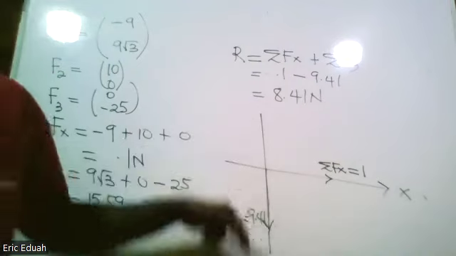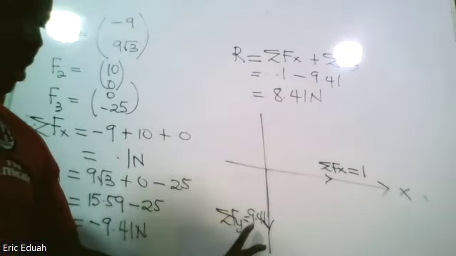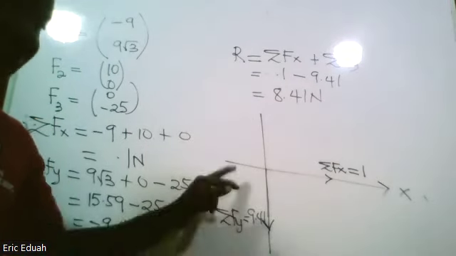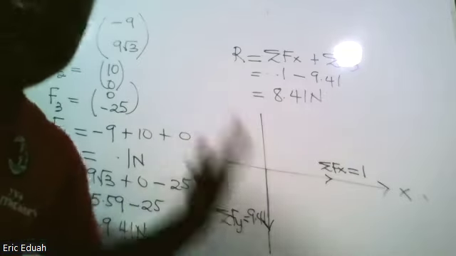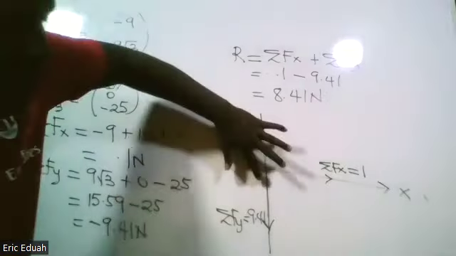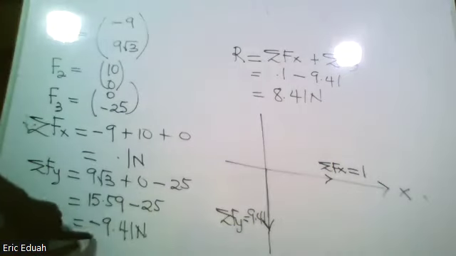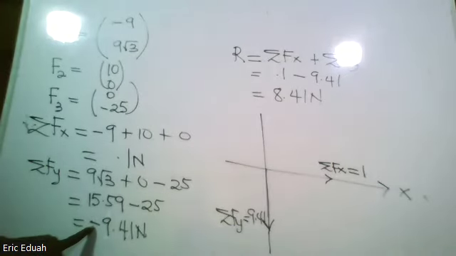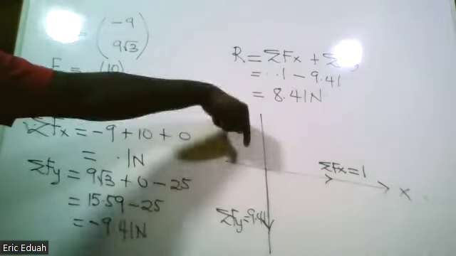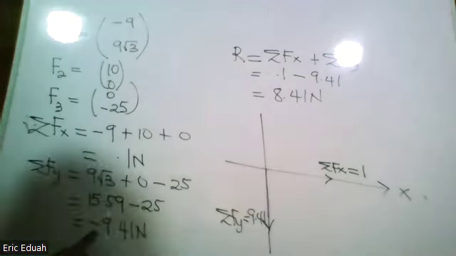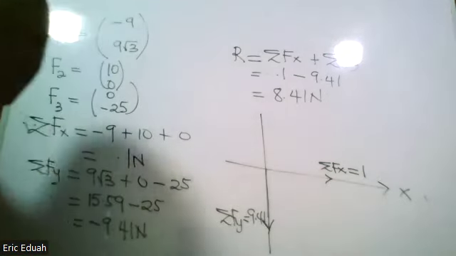You brought it down because the coordinate is negative. So the moment you direct it down, the negative has been taken care of in the value of summation Fy.